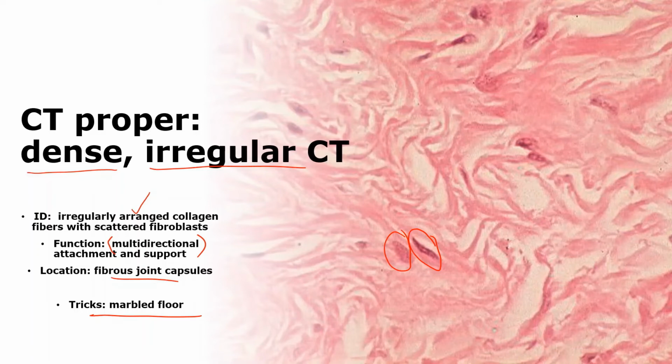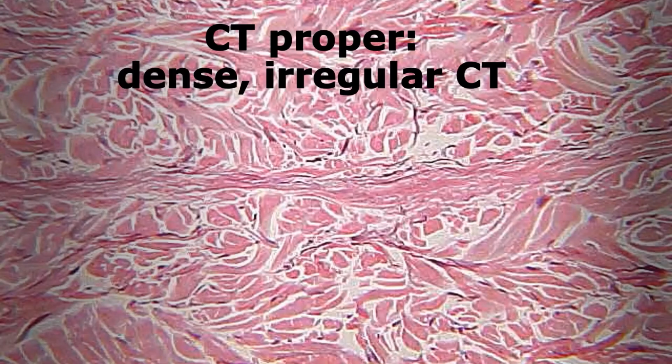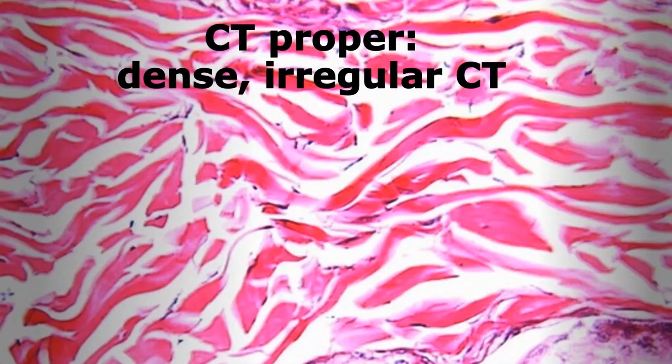Let's see some other pictures here so we can look at this marbling idea. Great, I see it immediately. Marbled, dense, irregular connective tissue. Function, withstand multi-directional pulling or stretching, like we find in fibrous joint capsules. More marbling.